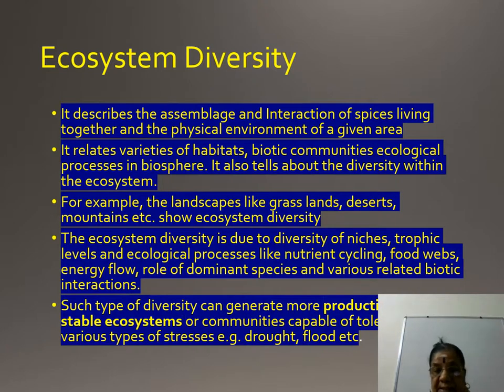Next, within that there is something called ecosystem. What is it? Ecosystem describes the assemblage and interaction of species.